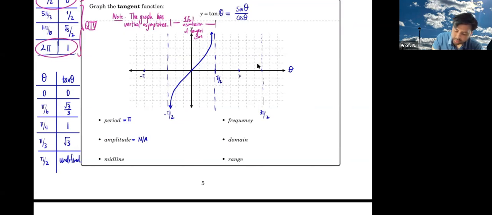This is going to be pi. And you get the same curve. Just repeat it again and again. That's tangent. The midline, you can say it's also y equals 0.